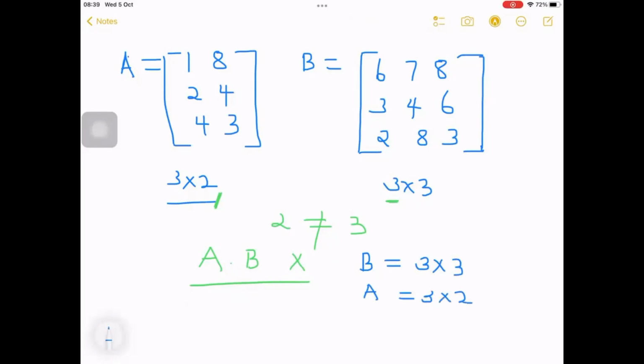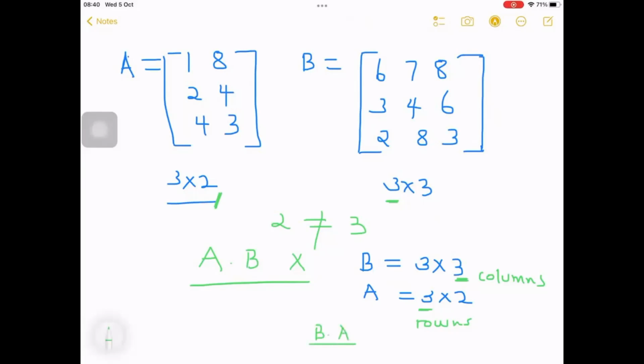How many columns do we have in matrix B? We have 3 columns. How many rows do we have in matrix A? We have 3 rows. Are they equal? 3 and 3? Yes.